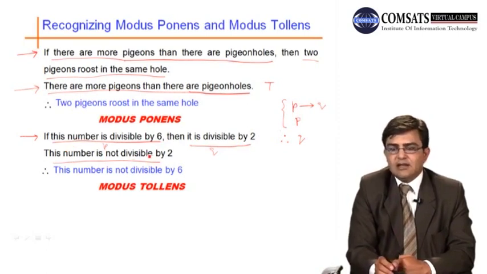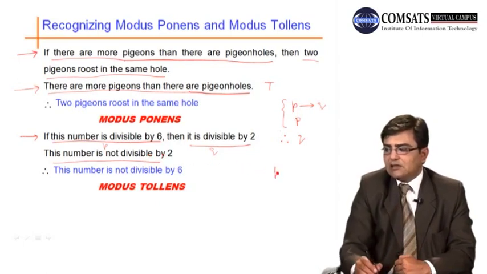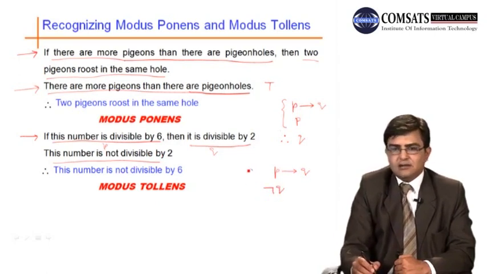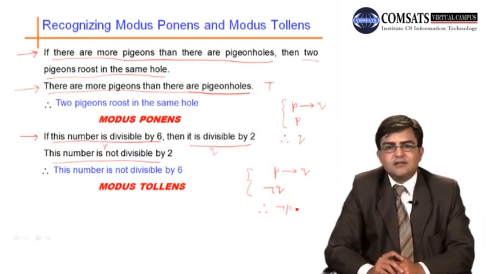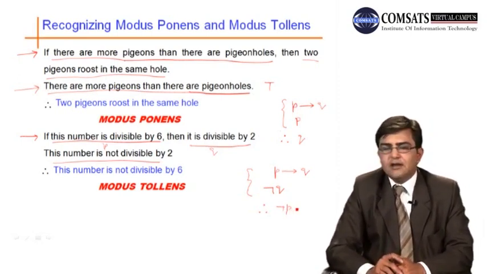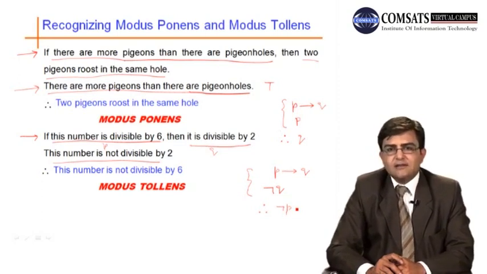These are the negation of each other. So what is this basically? If we have P implies Q and not Q, this is basically the premises of modus tollens. We immediately conclude that not P. So this is modus tollens and how we recognize these valid argument forms.